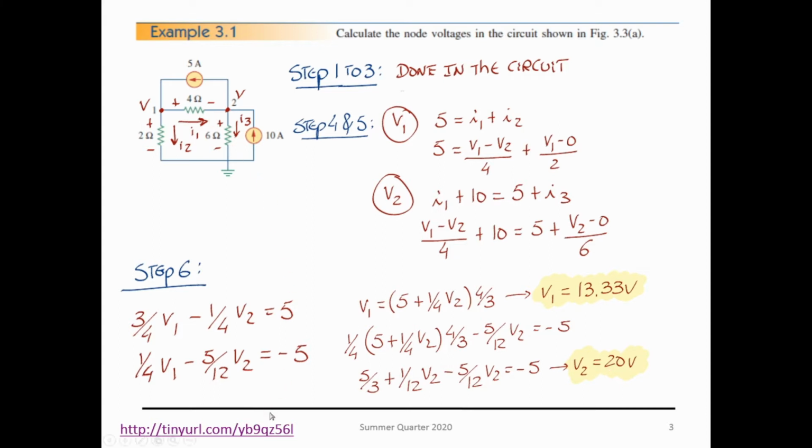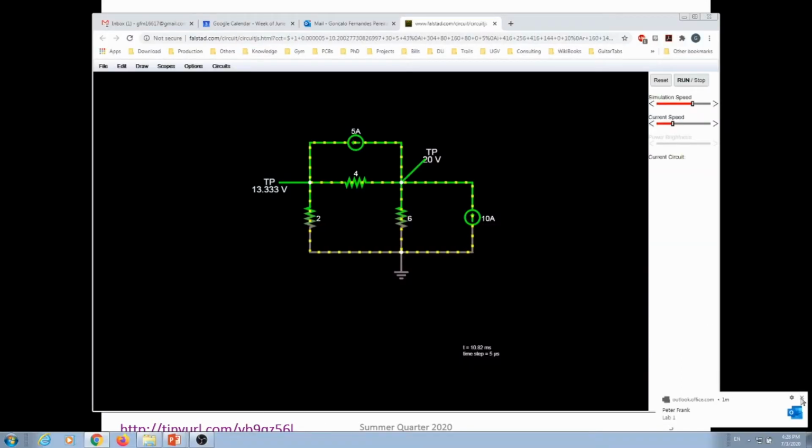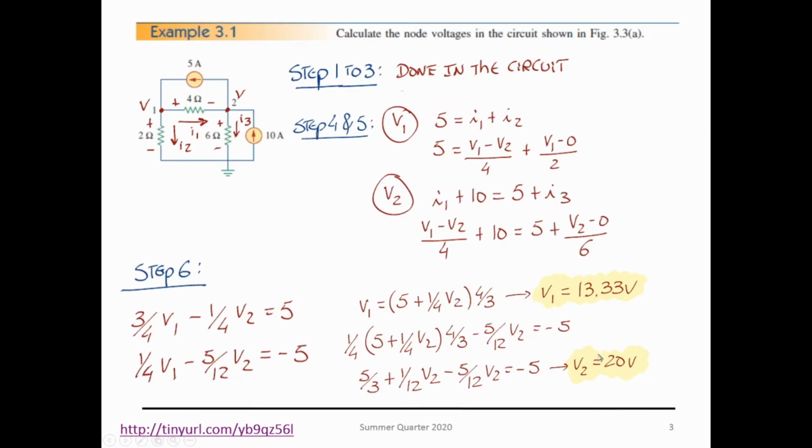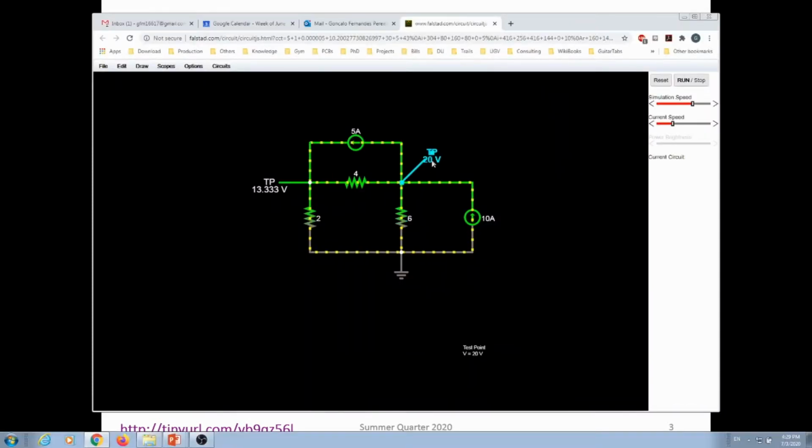Let's go over to the simulator here, and let's simulate the circuit and see what we get. And you can see here that we're getting the right answer. So 20 volts for V2, which is that point over there, and 13.3 for that point.